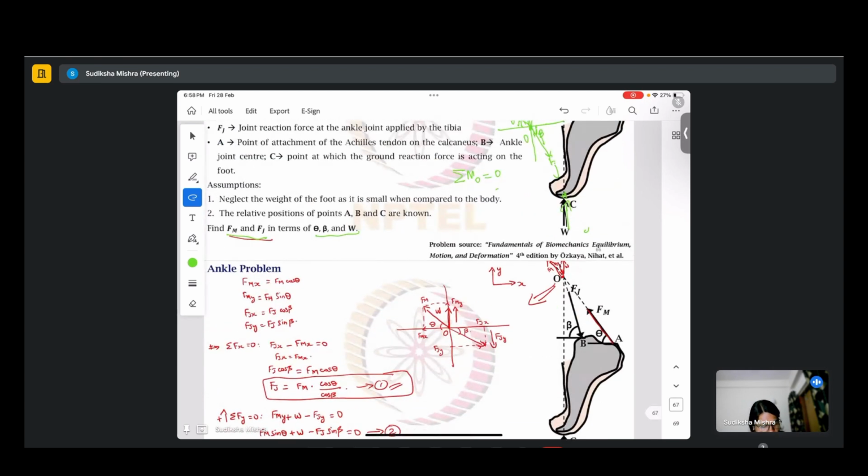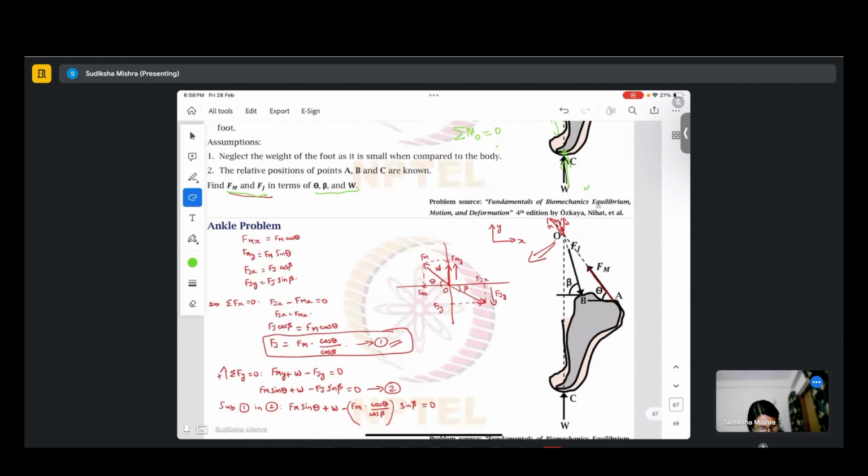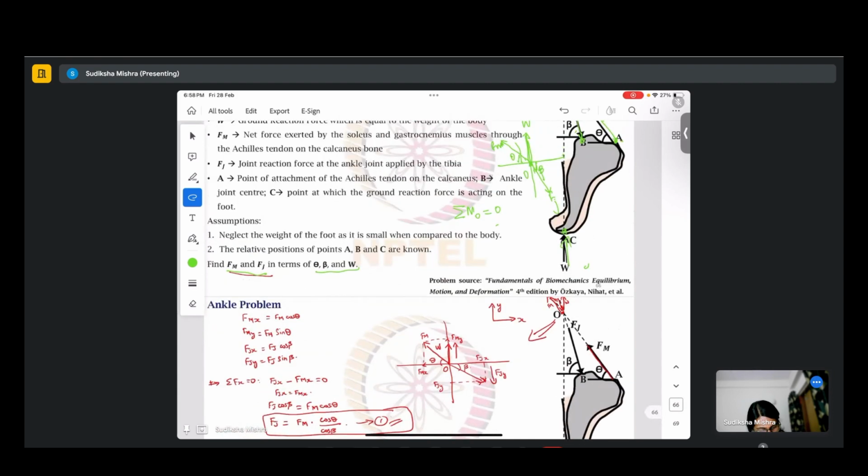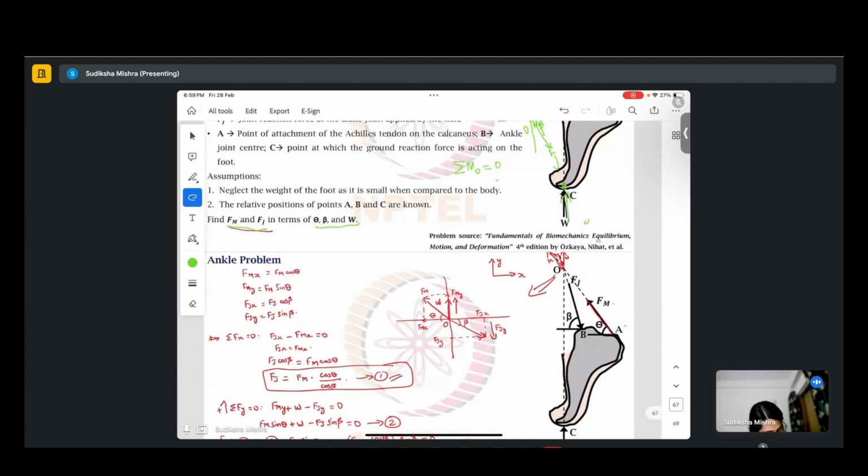So you can split Fm into Fmy and Fmx, and Fj into Fjy and Fjx. So the two equations that you can compute are the summation of Fx is equal to 0 and the summation of Fy is equal to 0.